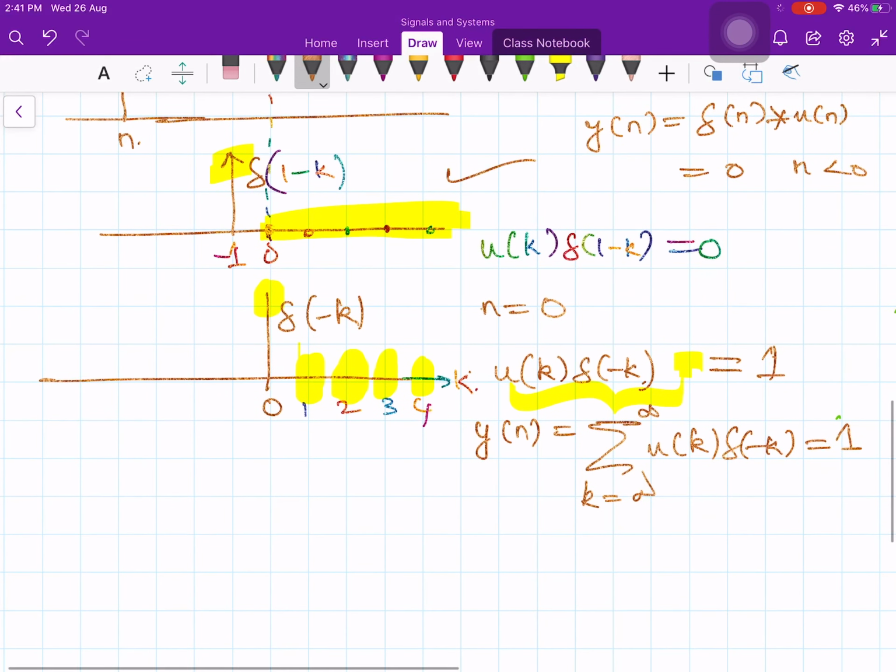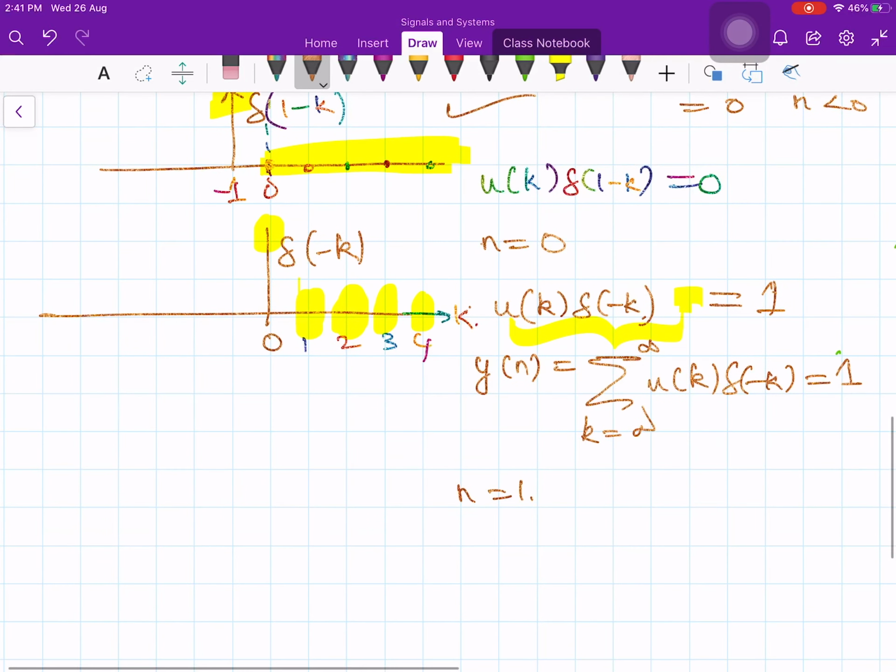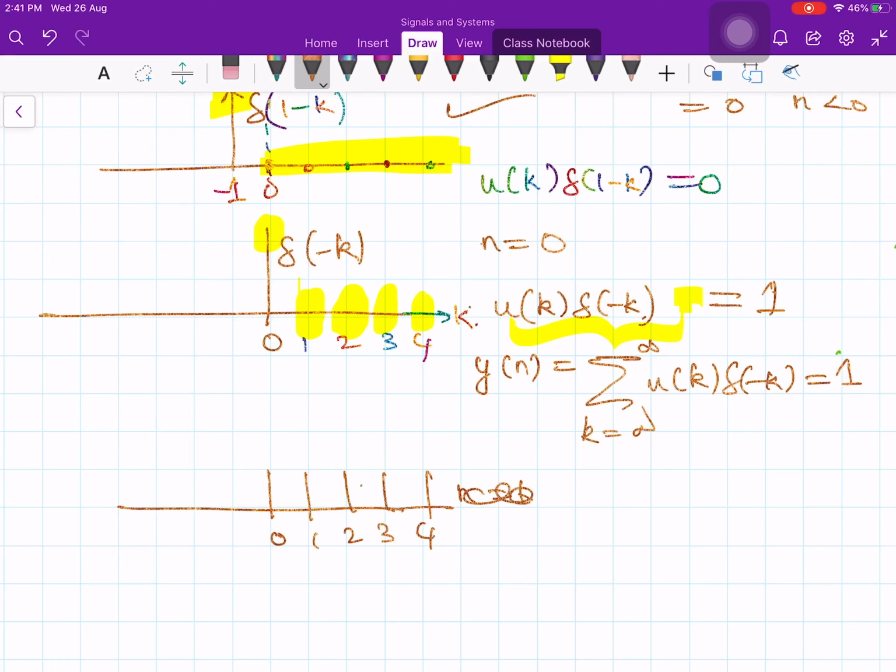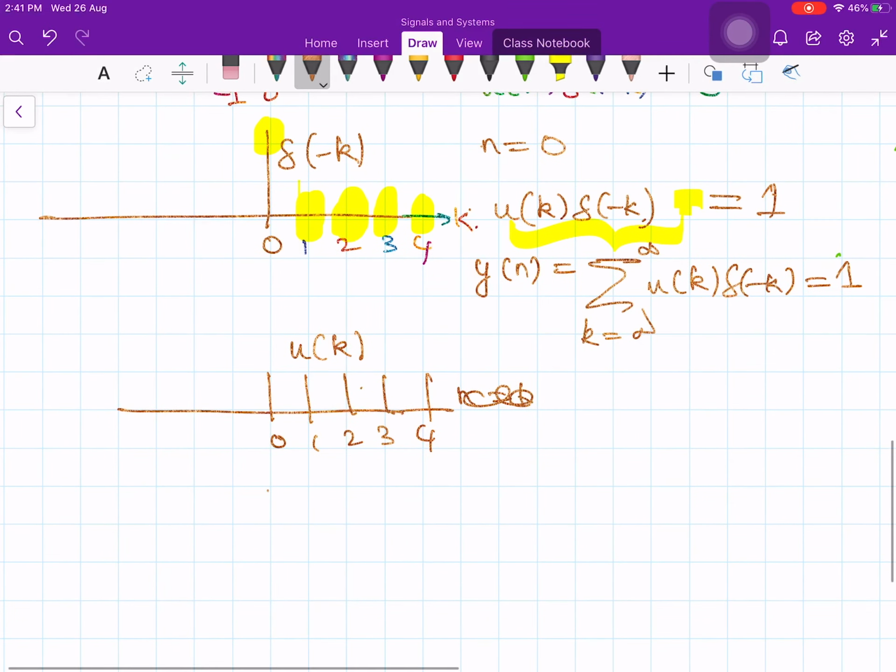In this case what happens? Your u of k is like this, 0, 1, 2, 3, 4, like that. This is your u of k. Then your impulse is sitting at 1. This is k and this is del of 1 minus k. This point is 1 and this point is 0.